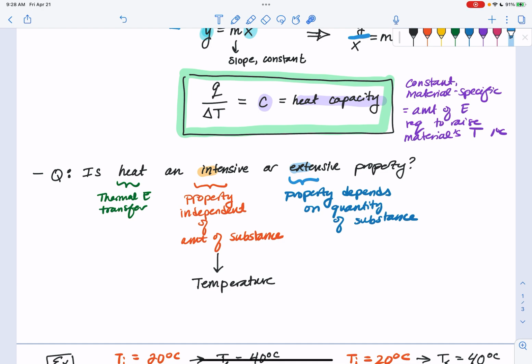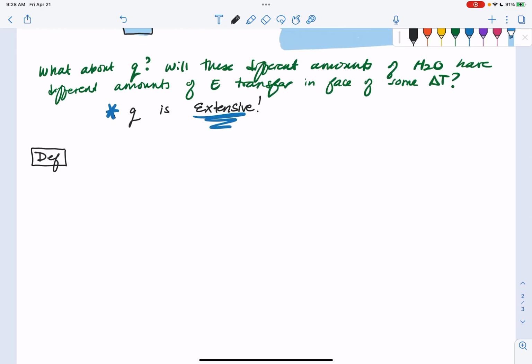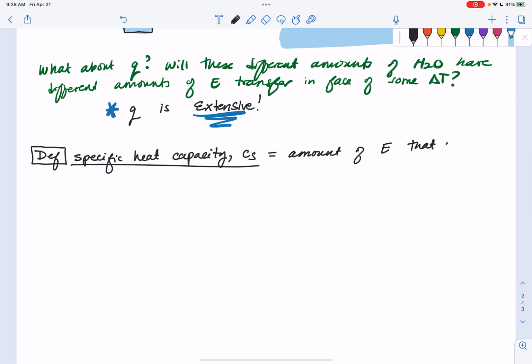So instead of calculating heat as we have up here, where we just use the heat capacity of a substance, which tells us how much energy is required to raise the temperature by 1 degree for a material, we use what's called the specific heat capacity, or C sub S. This is the amount of thermal energy that is required. I guess it could be any energy, right?